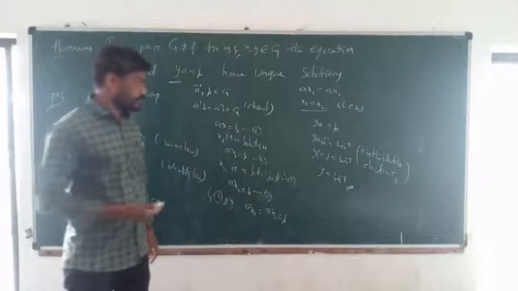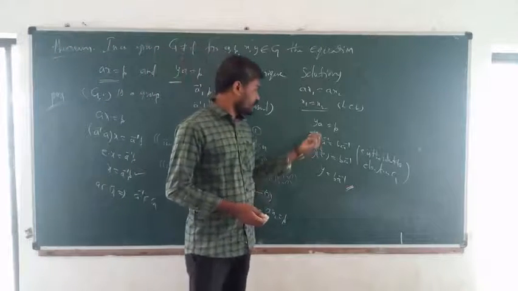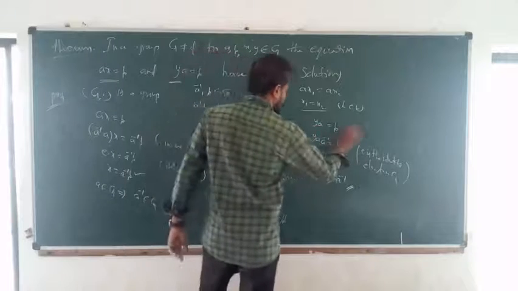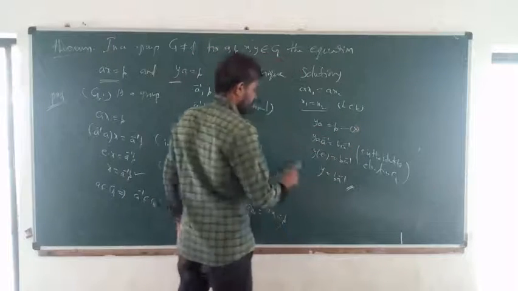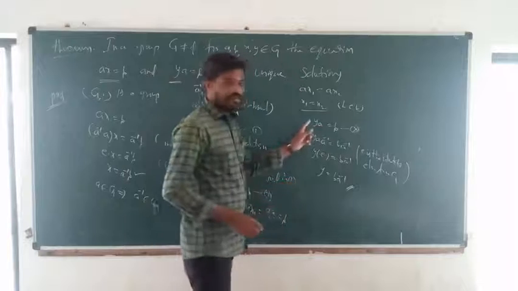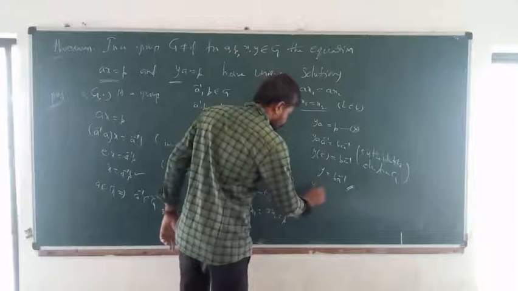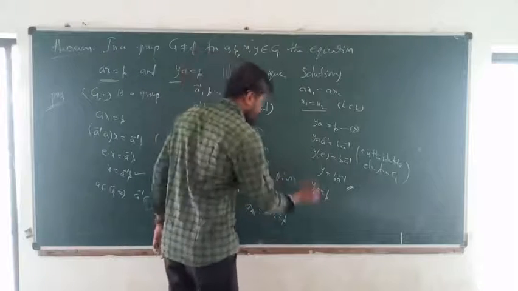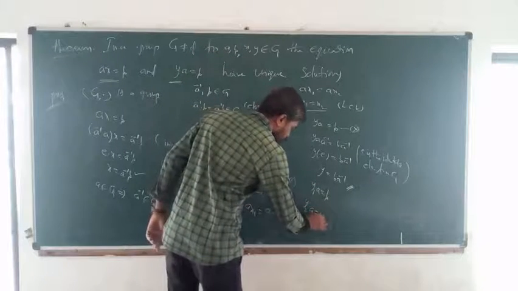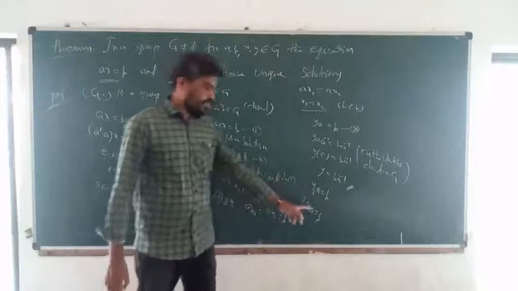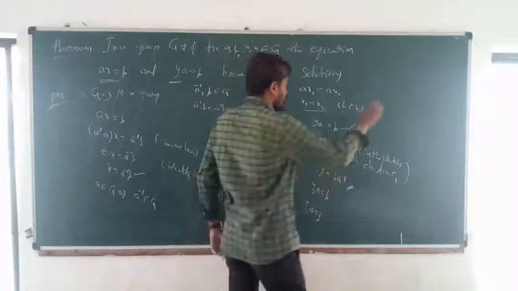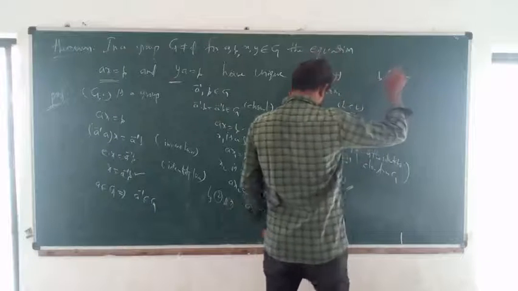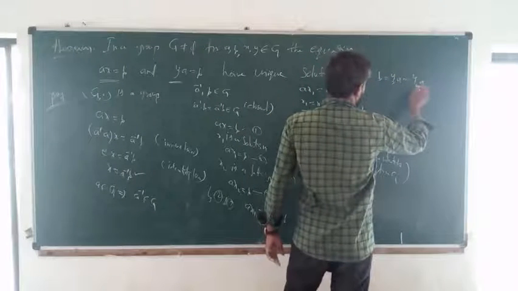Next we select more solutions. More values you can select for ya equal to b. This is star. Select y1: y1 is a solution of this one, meaning y1 a equal to b. Next y2 satisfies this condition: y2 a equal to b. So b equal to this one, b equal to this one. You can write b is equal to y1 a equal to y2 a.